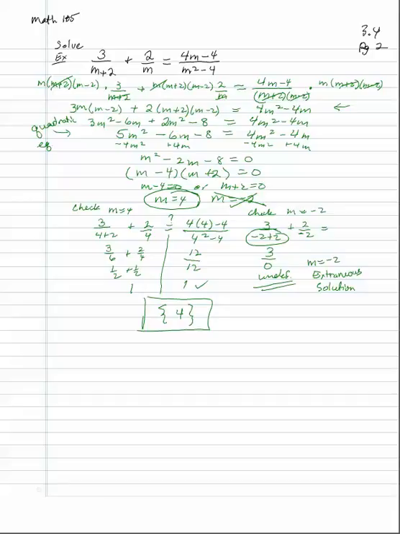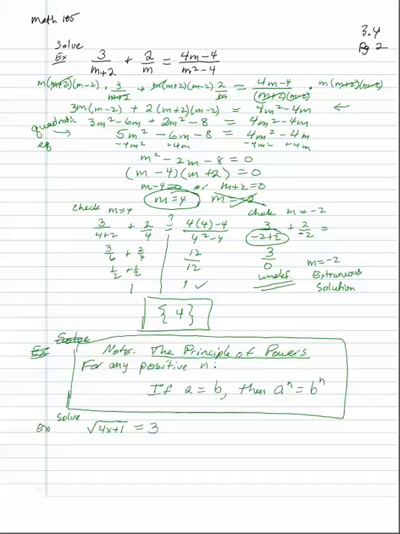Alright, now let's try radical equations. With radical equations, if you recall, what you're going to do is use the principle of squaring. You're going to square both sides. I should say the principle of powers, because we can do it to any power, not just square.